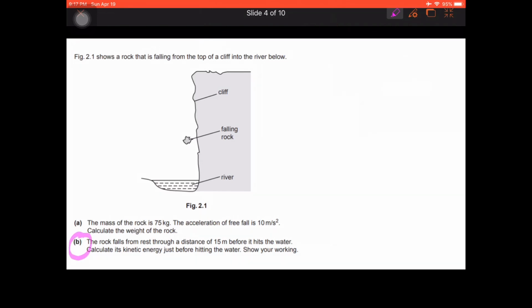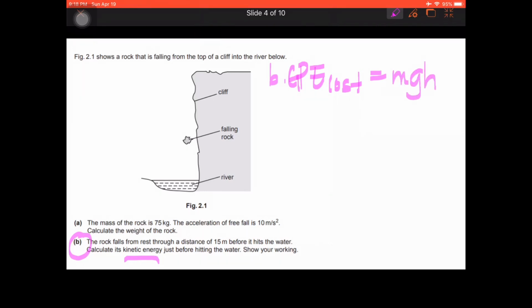Question letter B asks you to calculate the kinetic energy just before hitting the water and show your working. Yesterday we discussed that gravitational potential energy lost will be converted into kinetic energy. So gravitational potential energy is equal to mgh, we know that.